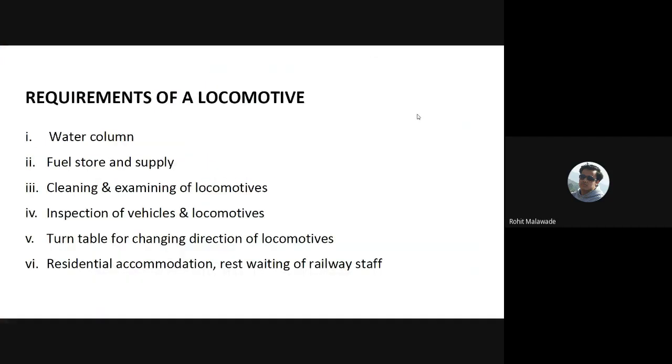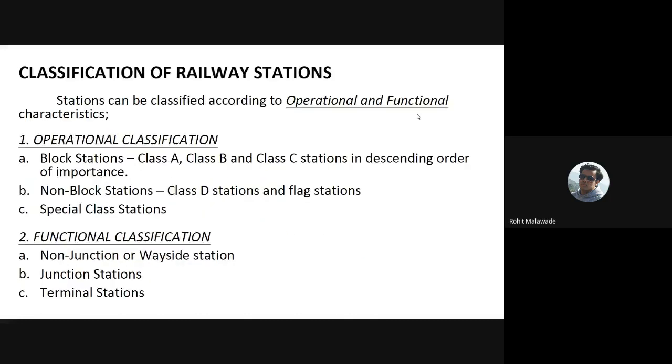Inspection of vehicles and the locomotives, and a turntable for changing the direction of the locomotives. The turntable is nothing but what I have just shown you, how we change the direction of the locomotives. Then next is residential accommodation and rest and waiting rooms for the railway staff. So this is what your railway station should have.